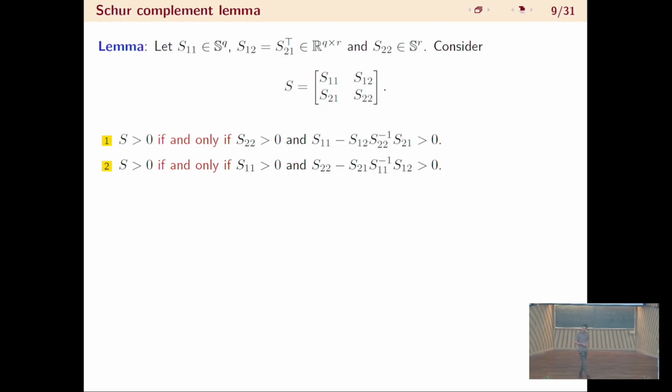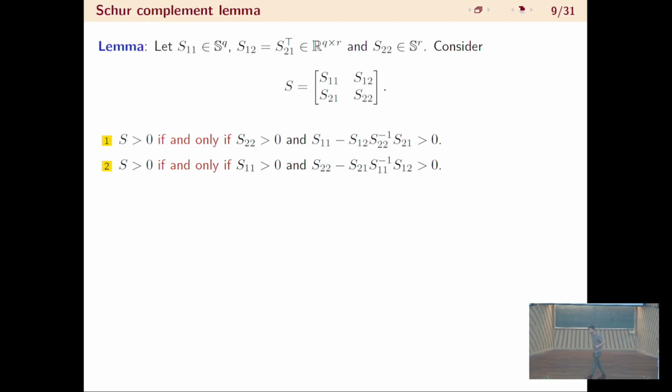And then a similar statement holds. So this whole matrix S is positive definite, right? This big partition matrix is positive definite if and only if the S11 block is positive definite and the Schur complement with respect to the S11 block is positive definite. So again, we break up the positive definiteness of a big matrix in terms of two smaller ones.